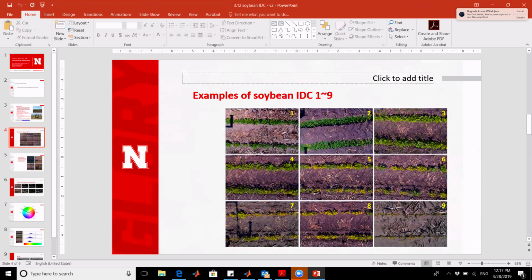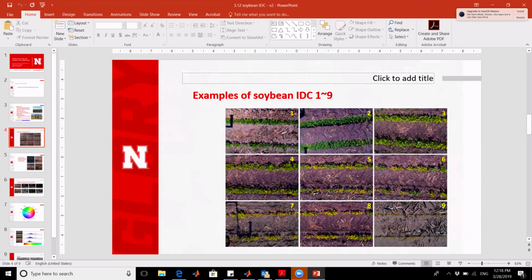The color will become normal green, but they are very small, so to speak, and they are not going to produce a lot of pods. That's the reason why at this stage it is most sensitive. Your chance to tell which one is more sensitive or resistant is highest at this stage. That's the reason why a lot of people say it really needs to be done at the V3, V4 stage. Okay, so any questions up to this point?